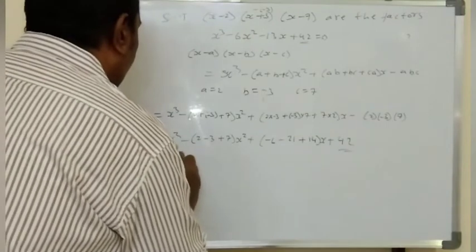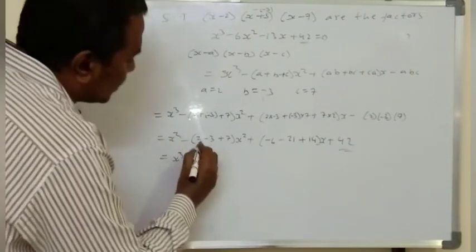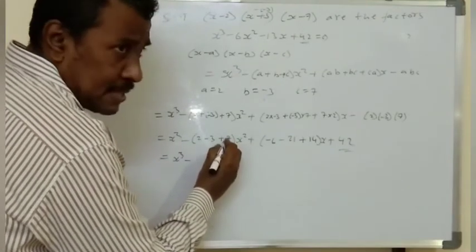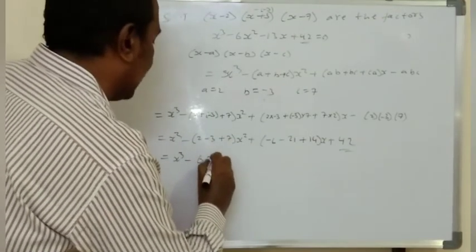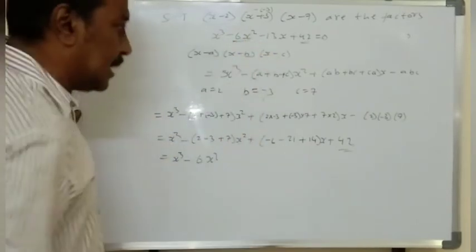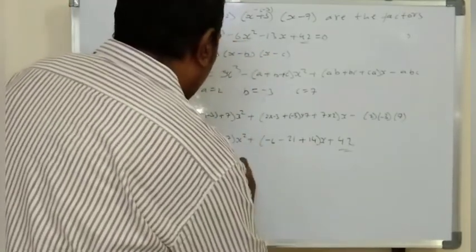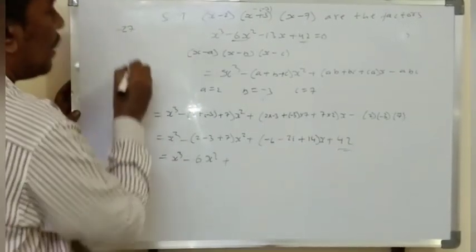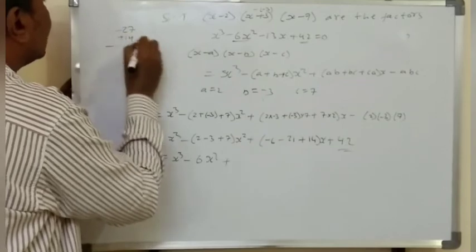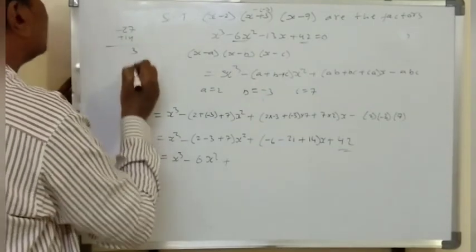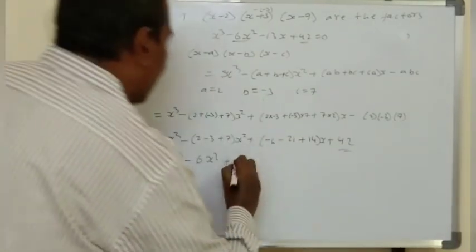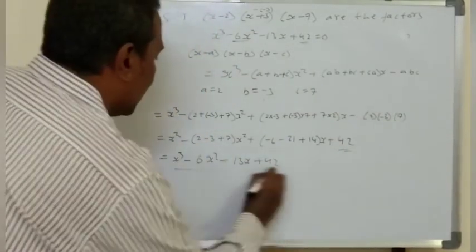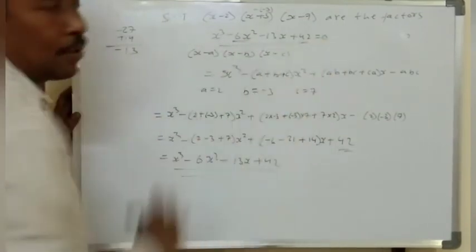What about the remaining? x cube minus, 2 minus 3 is minus 1, minus 1 plus 7 is 6, 6x square, got. Next, what about this one? Minus 6 minus 21 is minus 27, minus 27 plus 14 is minus 13. So minus 13x plus 42. The same polynomial.